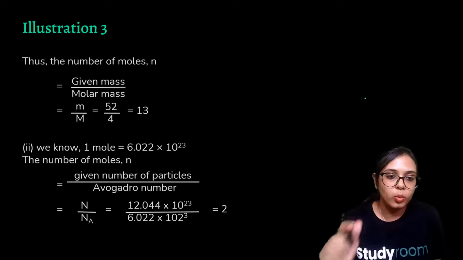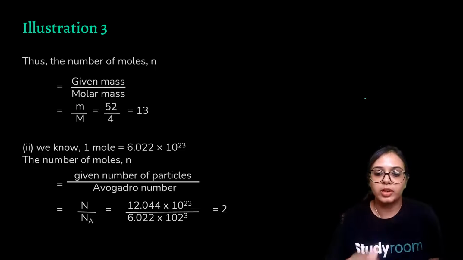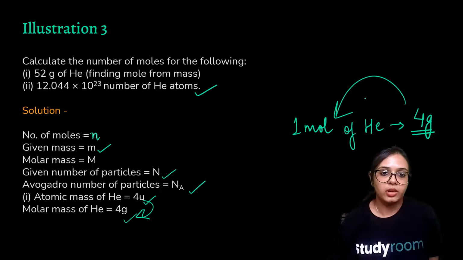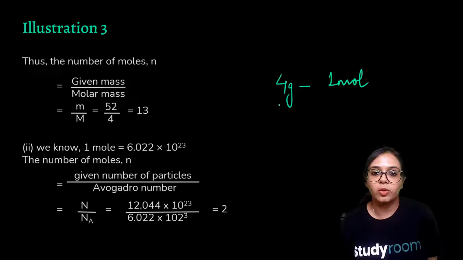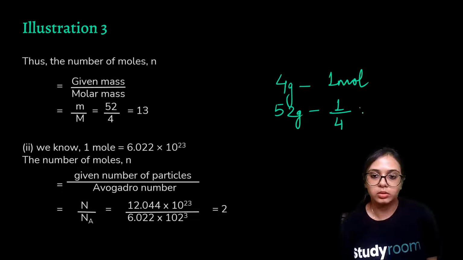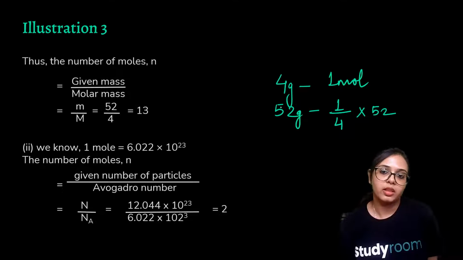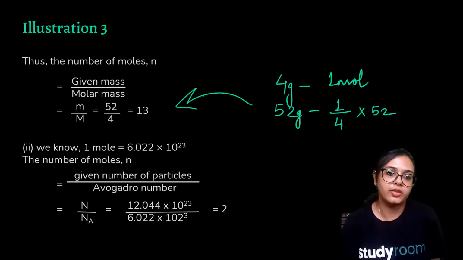So we have 52 grams of helium given over here, and we have to calculate the number of moles. So if 4 gram of helium has 1 mole, how many moles will 52 grams have? It's easy, right? We'll just have to do this, that is how it has been illustrated here.